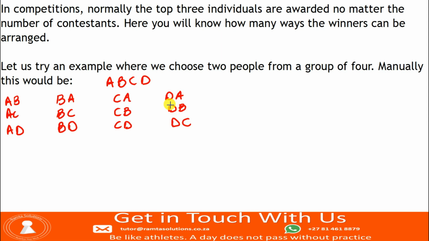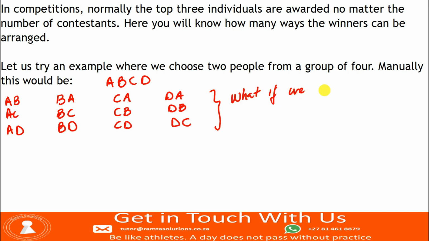Something that I want you to really look at is this. When you look at AB and BA, they are somehow related, right? So what if we want number 1 and 2?